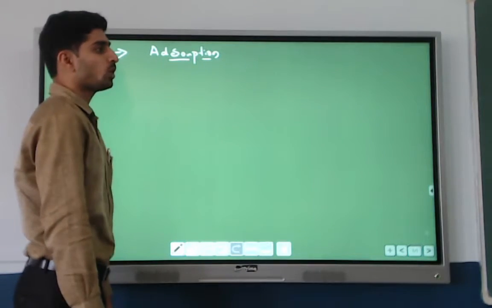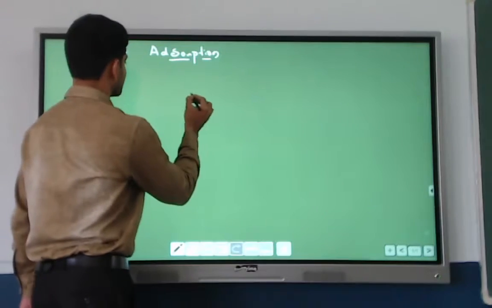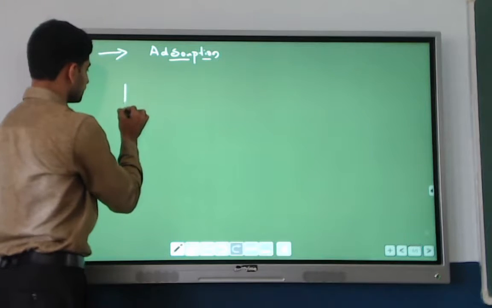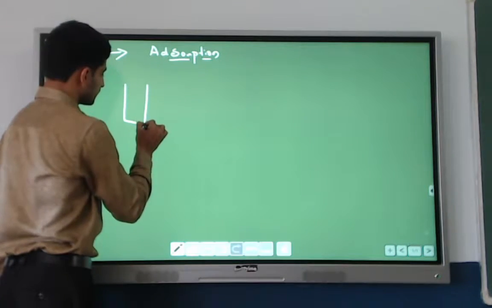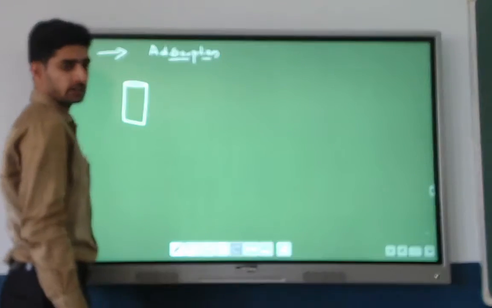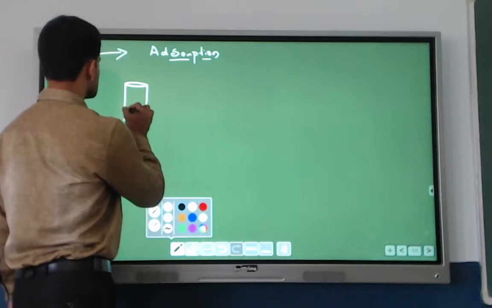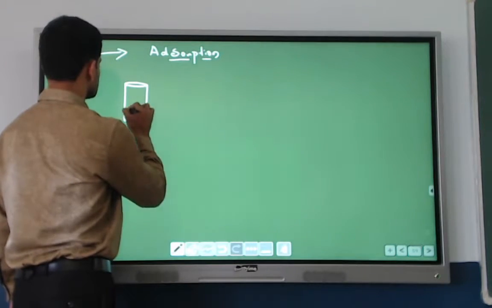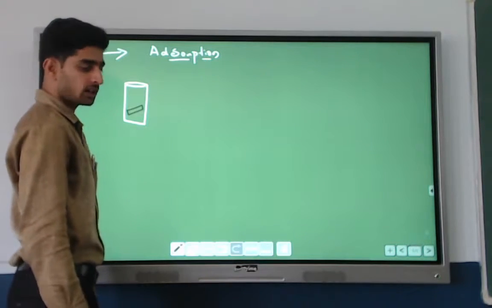Before you understand what we mean by adsorption, let me consider one example. Here I am going to consider an open container. In this I am going to add charcoal.